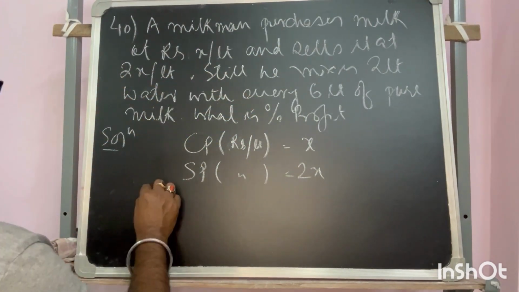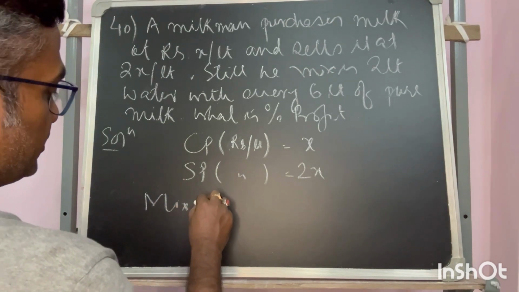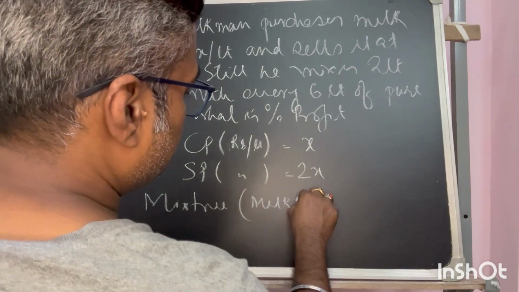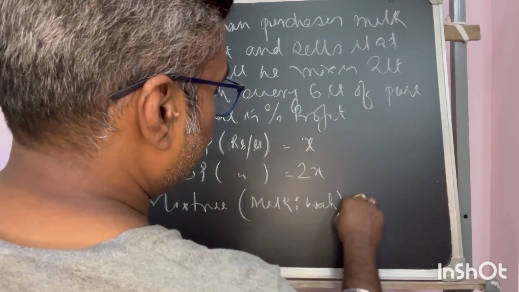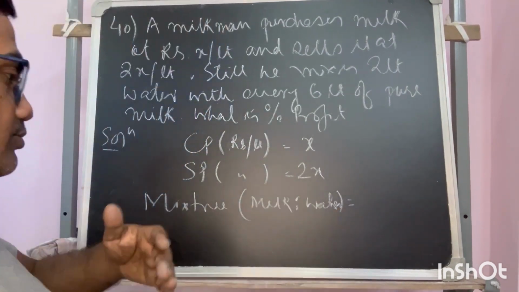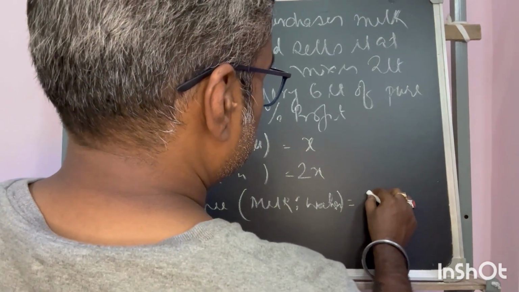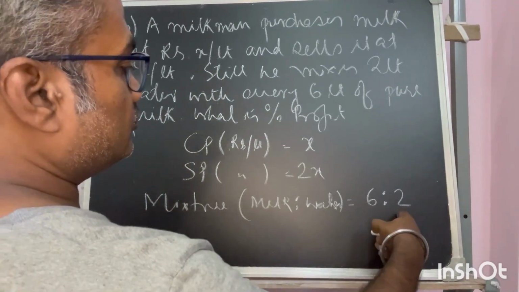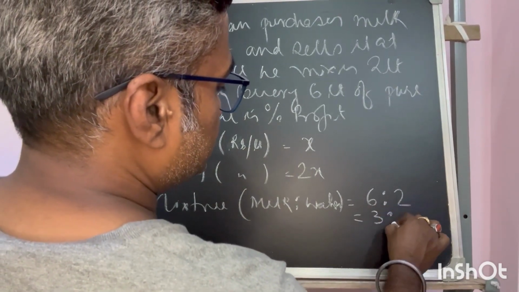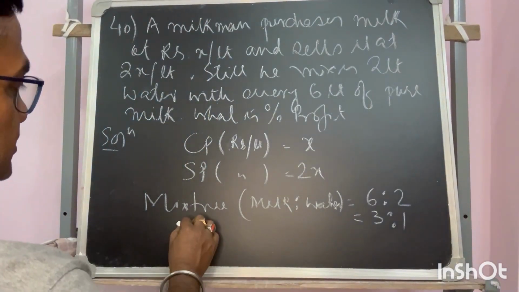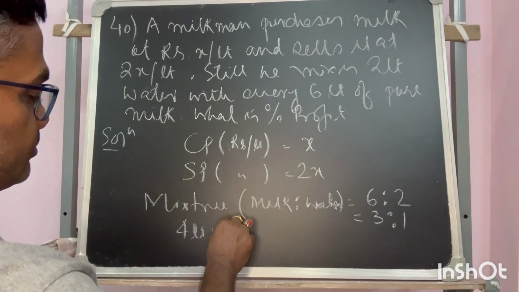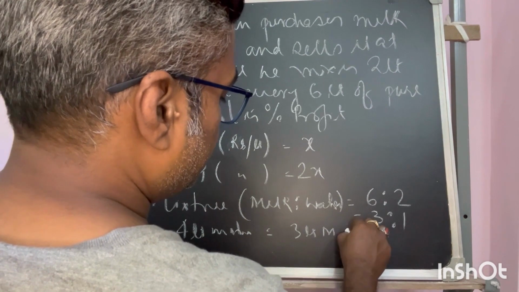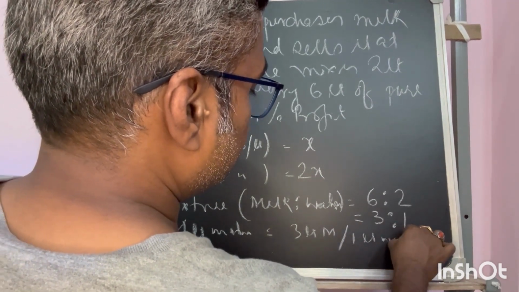How? He is mixing milk against water in a ratio of 6:2. That means 6 liter of milk with 2 liter of water, that ultimately gives 3:1 ratio. So if I say 4 liter mixture is made, there is 3 liter of milk and 1 liter of water, so that he is selling.